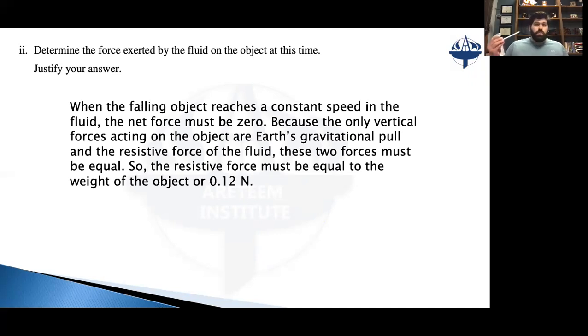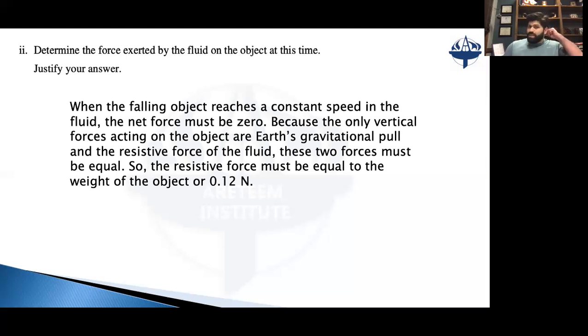Because the only vertical forces acting on the object are Earth's gravitational pull and the resistive force of the fluid, these two forces must be equal. So that means that the resistive force must be equal to the weight of the object, or 0.12 newtons.